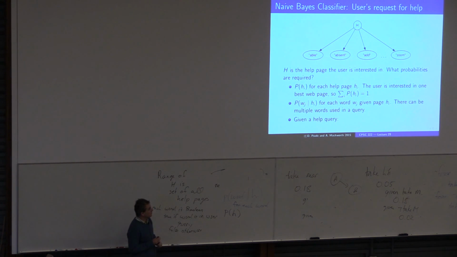Okay, and given a help query, what do we do? Given someone types in a query, what happens? So what happens when the user types in a query? Well, you have an observation, right? What do you have observations on?